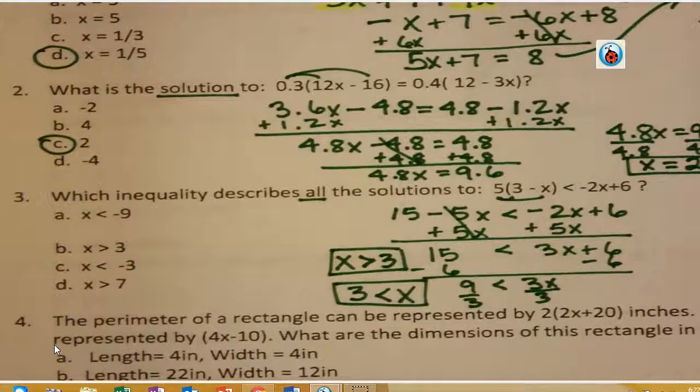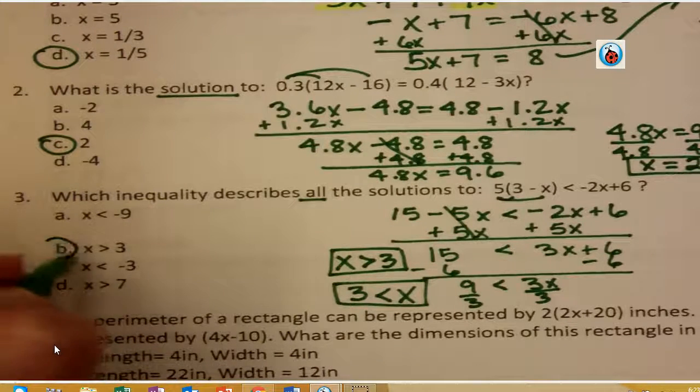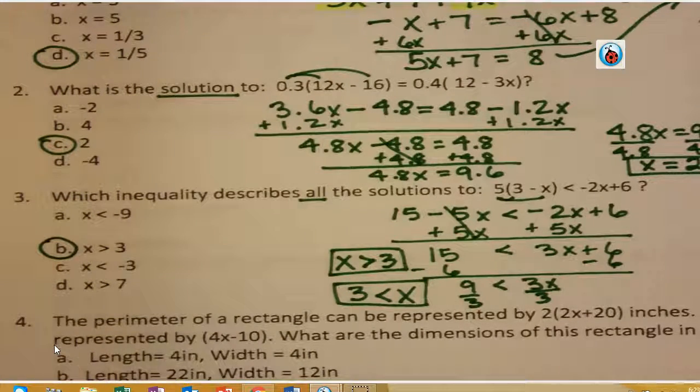Either of those are correct answers. I just need to make sure that the wide side of the greater than is facing the x. So I come over here, I look at my answer choices, and I notice that B is the correct answer.